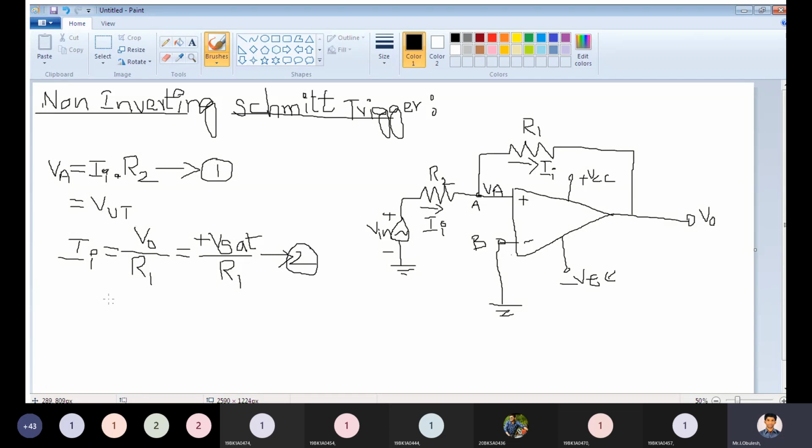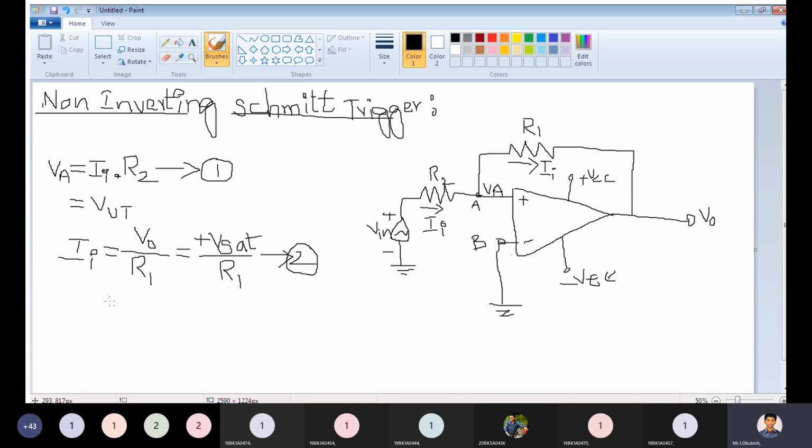Then substitute and simplify the expression. Here we have the Ii value VA by R2.